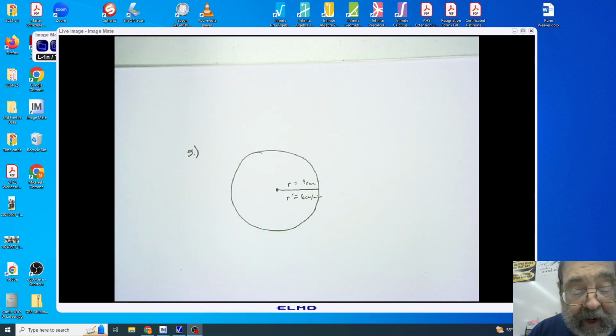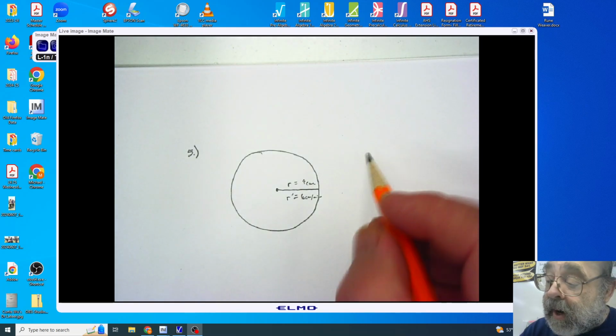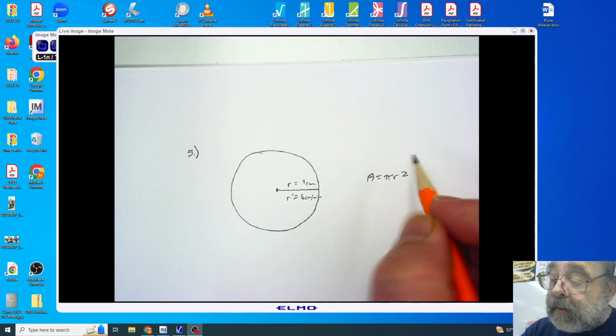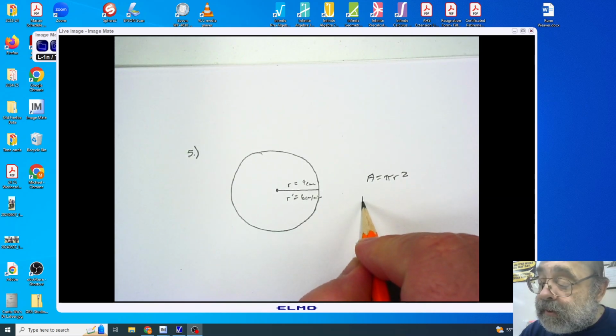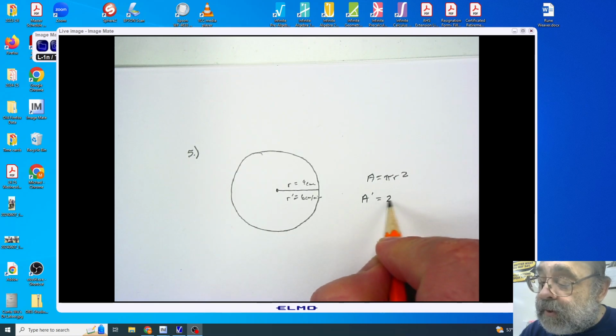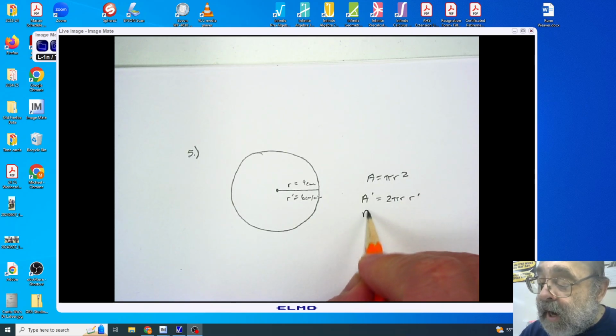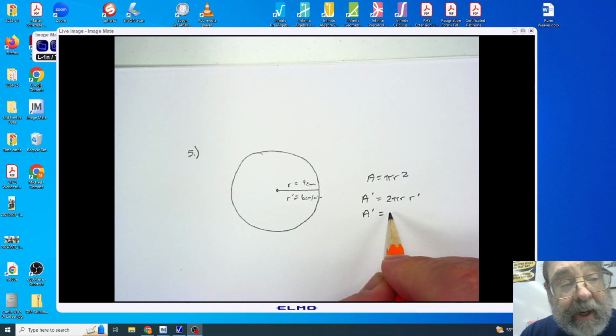Our goal is to find out how fast the area, equaling pi r squared, will change. So A prime, that's dA dt, is equal to 2 pi r r prime. We're now going to take our information and plug it in.